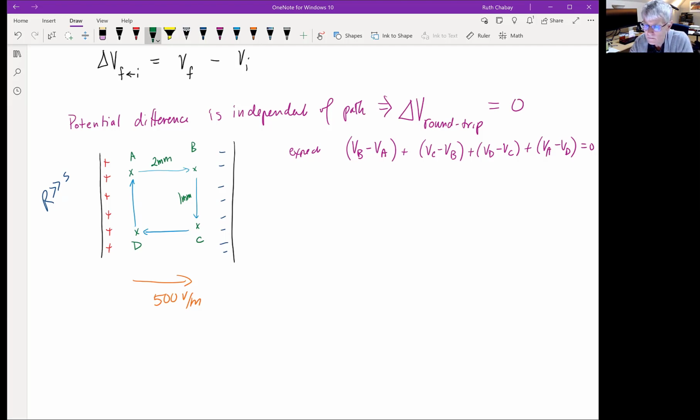So we have VB minus VA is going to be equal to minus EX delta X. So that's minus 500 volts per meter times 2 times 10 to the minus 3 meters, which gives us, let's make it 5,000 volts per meter just to make our life simpler.